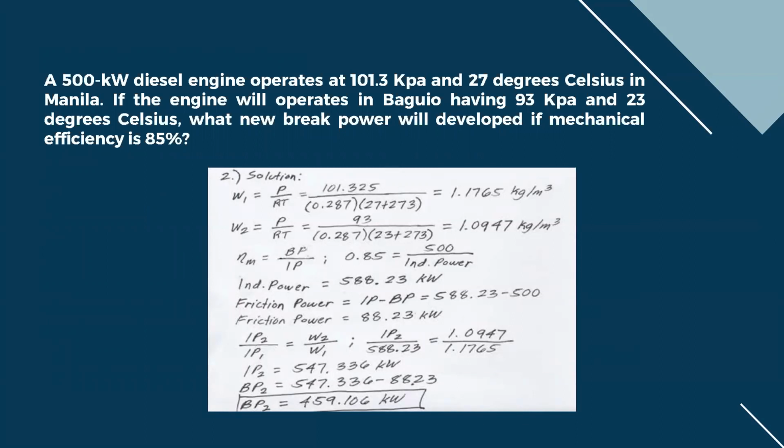So dito yung part naman ng problem solving, at yung unang tanong ay: a 500 kilowatt diesel engine operates at 101.3 kilopascals and 27 degrees Celsius in Manila. If the engine will operate in Baguio having 93 kilopascals and 23 degrees Celsius, what new brake power will develop if mechanical efficiency is 85%?